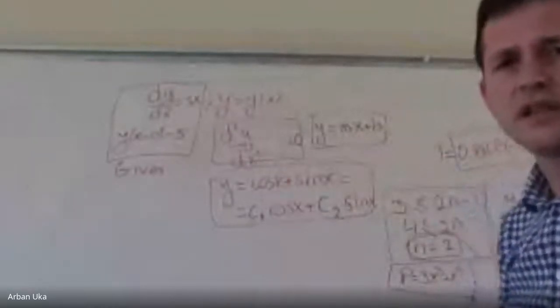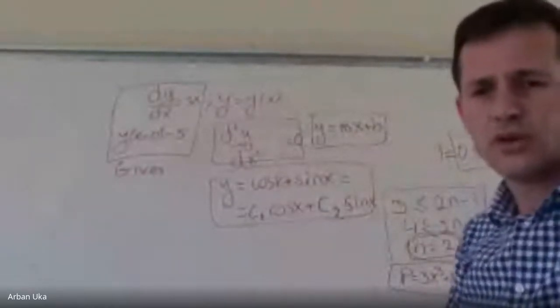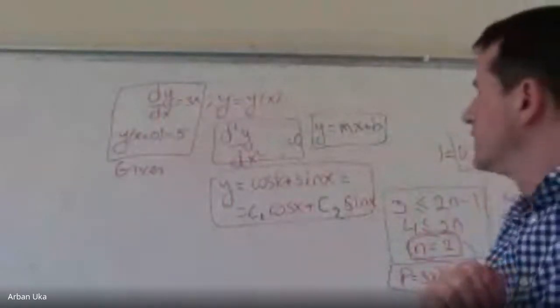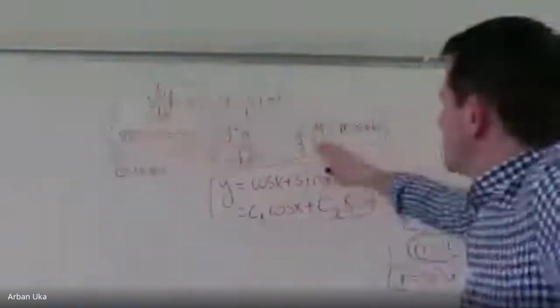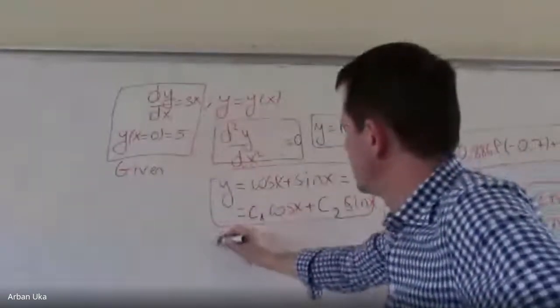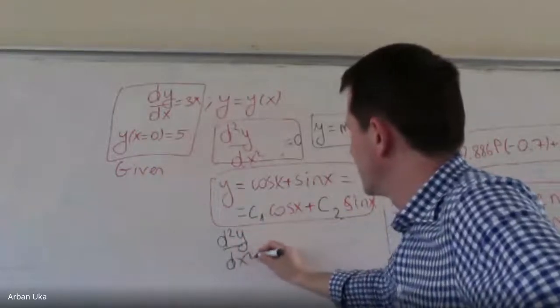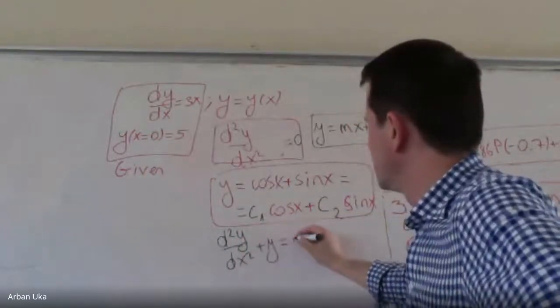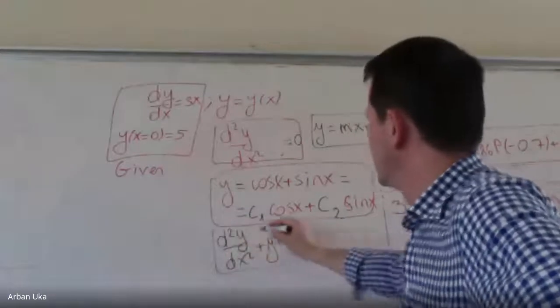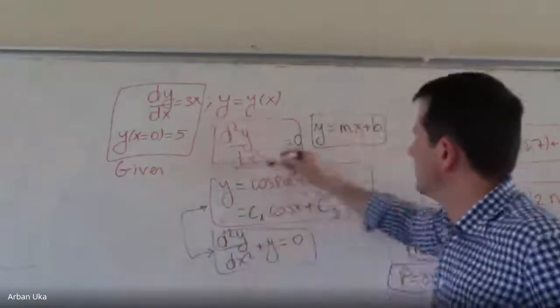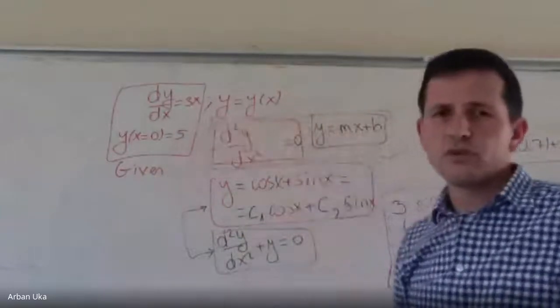That means that y is a linear function with respect to x, or we have x to the power 1. Okay? And that's the only case. But this problem here, the second derivative of y with respect to x plus y, is equal to 0. Okay? We make a lot of mistakes in the class, but we try our best to correct ourselves.